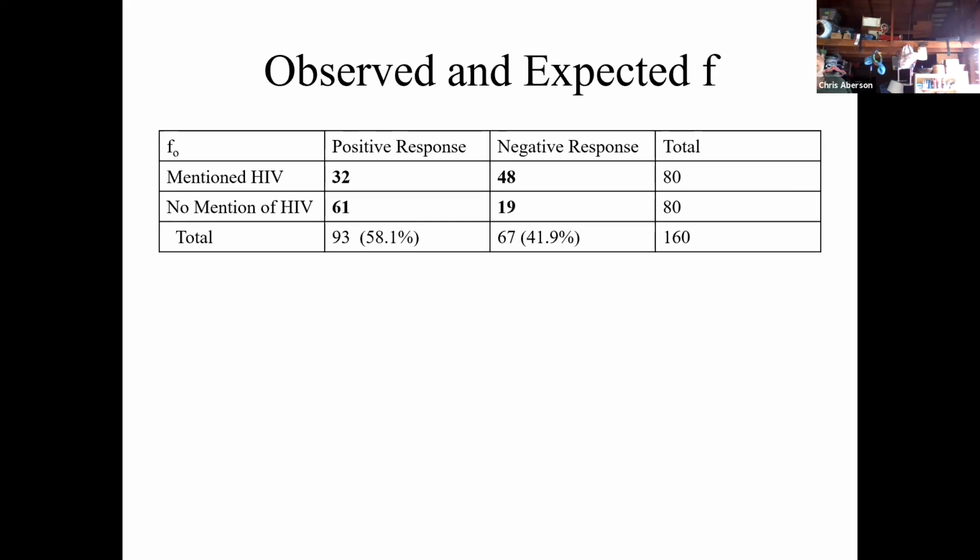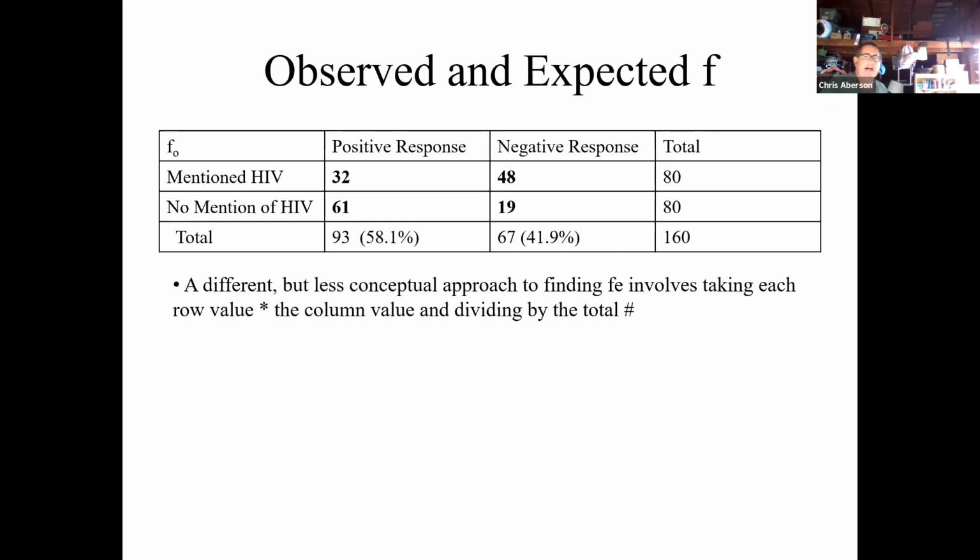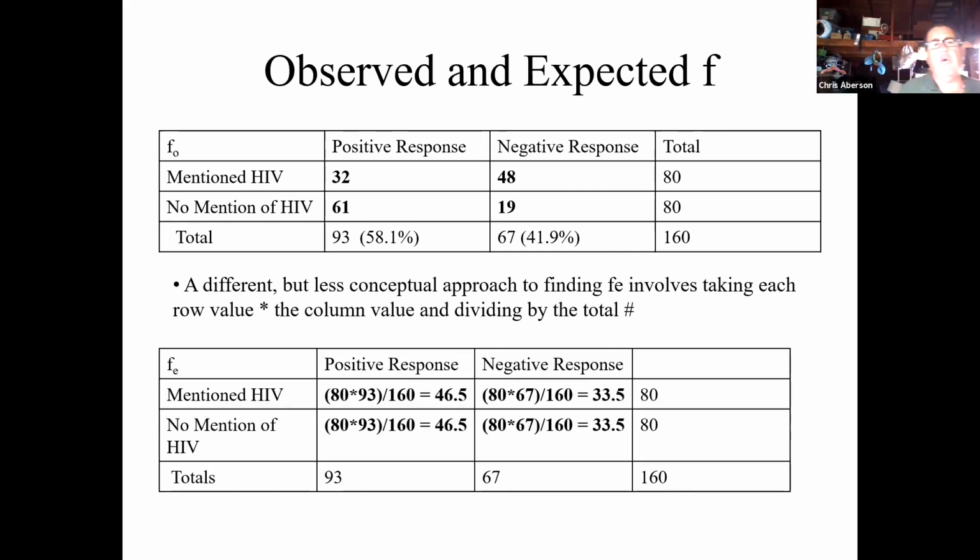Now there's another way you'll see this. It's a little more mechanical. What we're going to do is multiply each row total by the column total, and then divide by the total number. So you can see for the first one, the row totals to 80, the column totals to 93. We divide that by 160, we get 46.5.